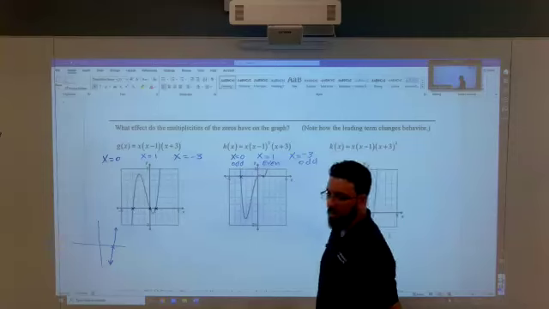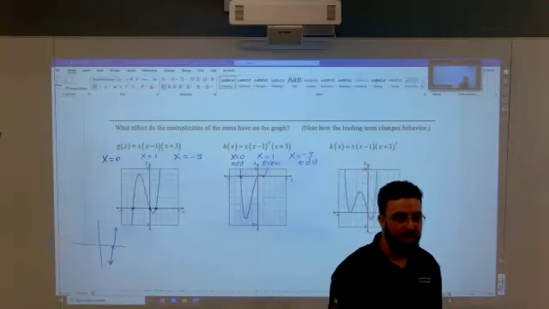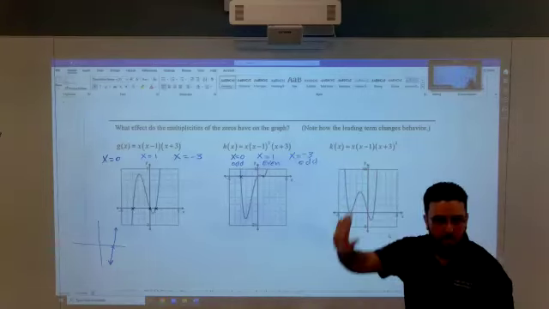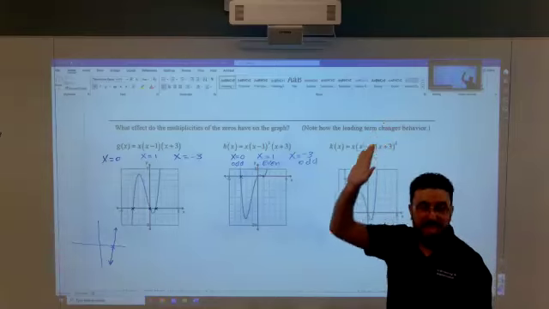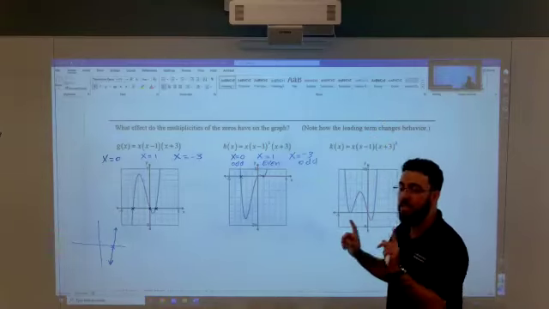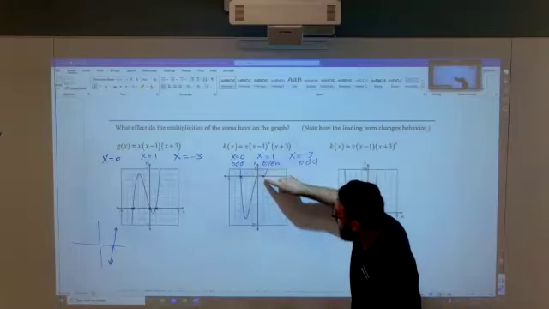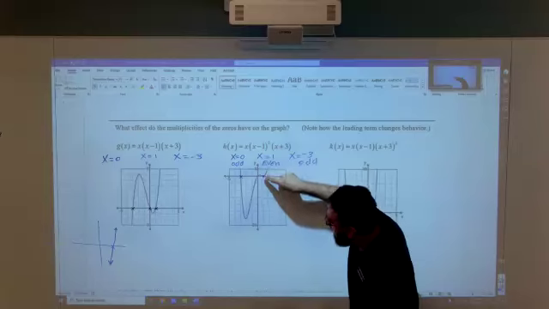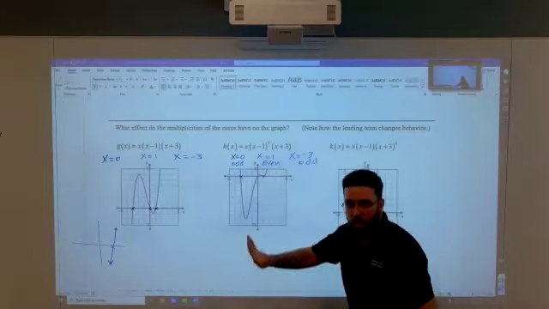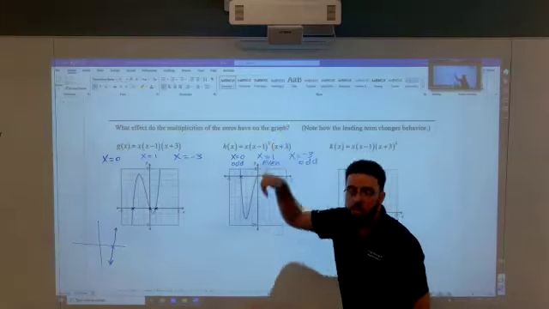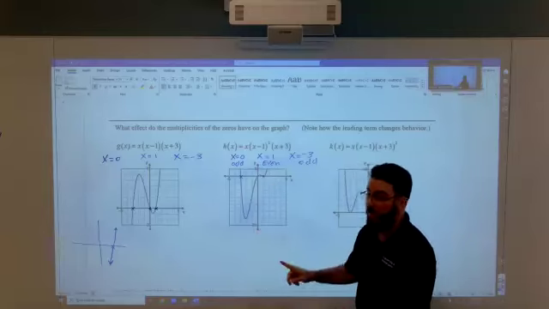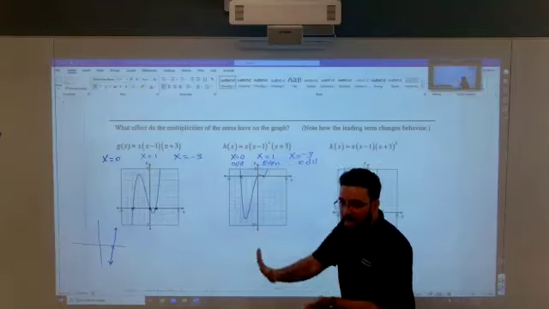Here. What happened to the graph? Stop? Don't stop. It touches the point and goes up. It's not going to cross. So it touches the point. You see the graph? The graph comes to this point, touches it, and goes up again. It's not going to cross. So that's the difference. When it's even, it's going to touch the graph.